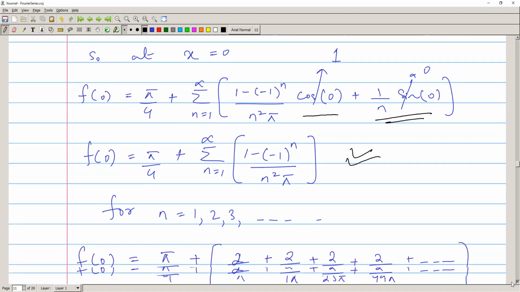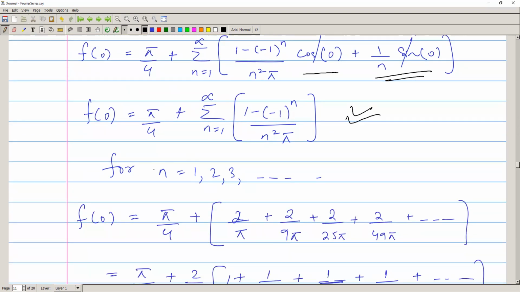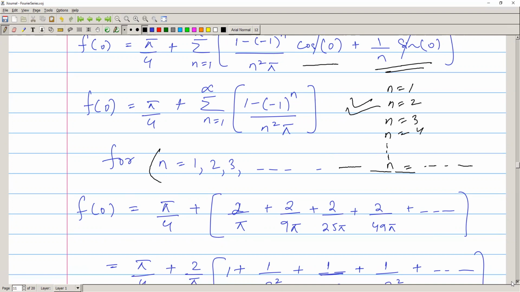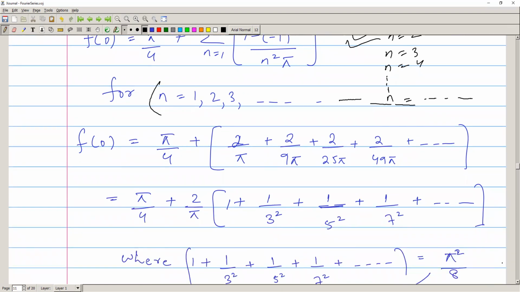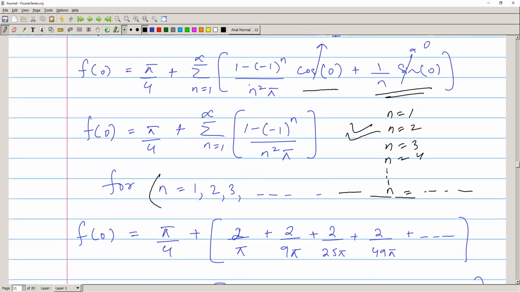Now we know that n equals 1, 2, 3, 4, 5, 6, 7, and so on, natural numbers. So we will apply n respectively. First we will apply n equals 1, then n equals 2, then n equals 3, then n equals 4, up to when n tends to infinity, right? So pi over 4 stays as it is, no changes in this.